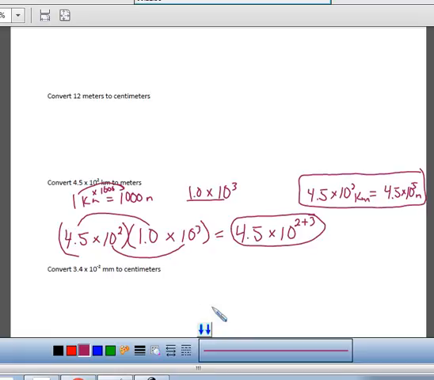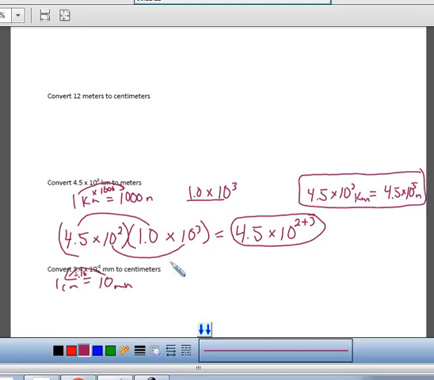All right, so millimeters to centimeters. I have 1 centimeter equals 10 millimeters. So to go from millimeters to centimeters, I'm dividing by 10. Divide by 10.